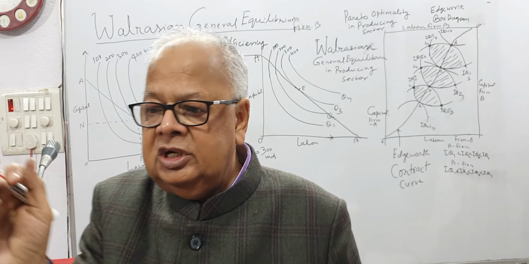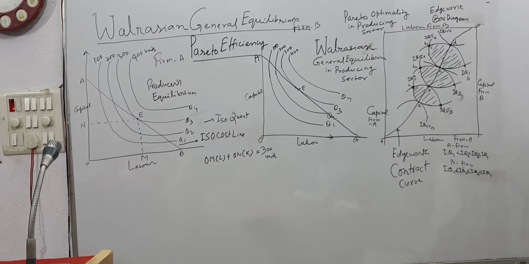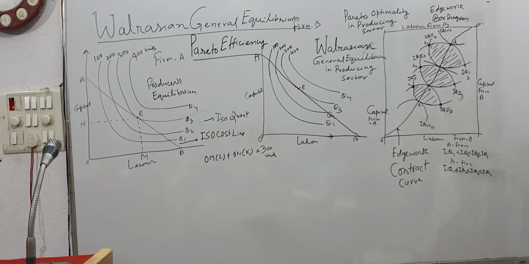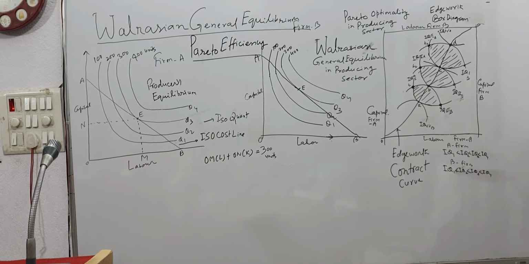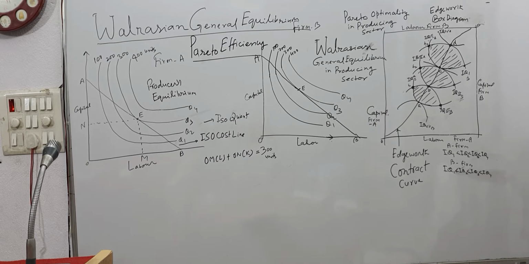All these are illustrated here with a purpose to acquaint you with the same thing which you are reading, that Pareto efficiency is developed on the basis of Walrasian general equilibrium.